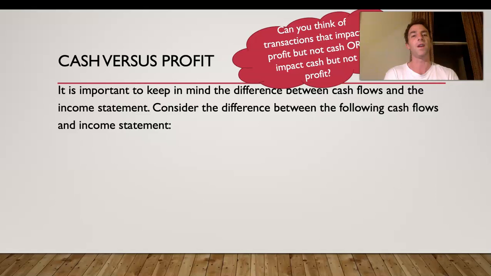Can you think of any transactions that might be one of those cases? So, a cash inflow that does not result in revenue, or revenue that does not result in a cash inflow. Pause the video, have a think if you can pick some of those transactions that you might have seen in the past.